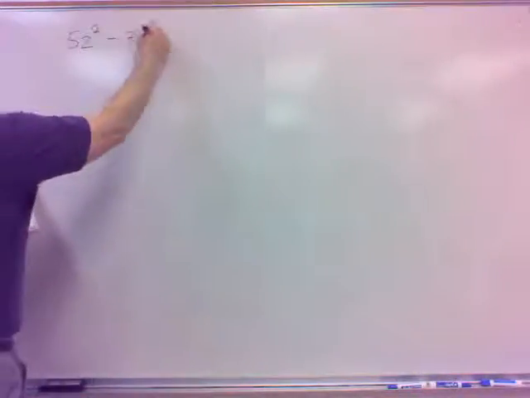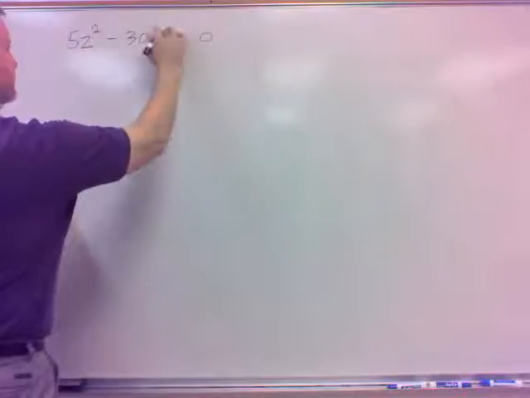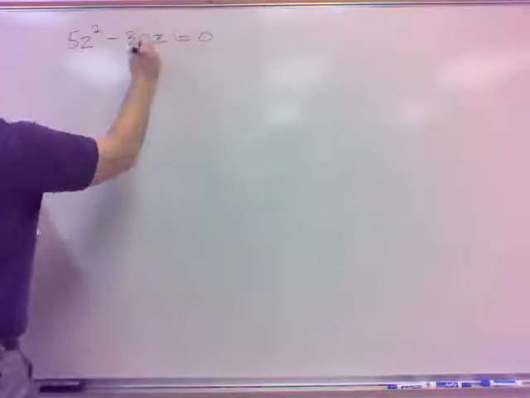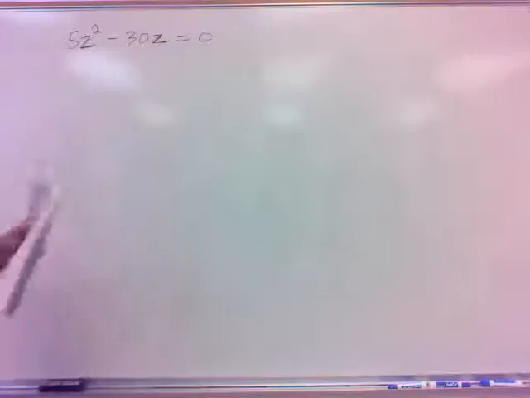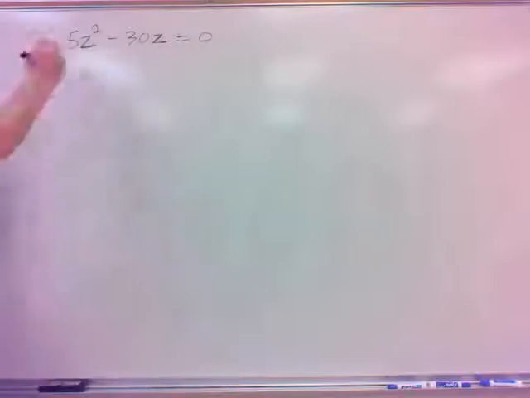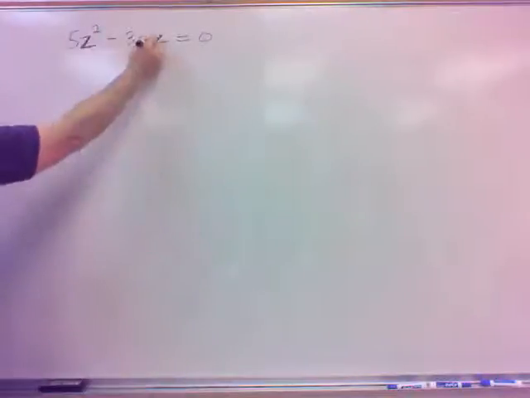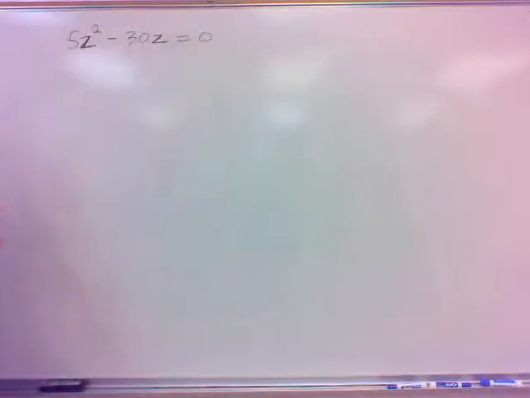Here's another one. 5z squared minus 30z, those are z's there, equals 0. Okay, well, again, one side is 0 there, so we do need to factor this.